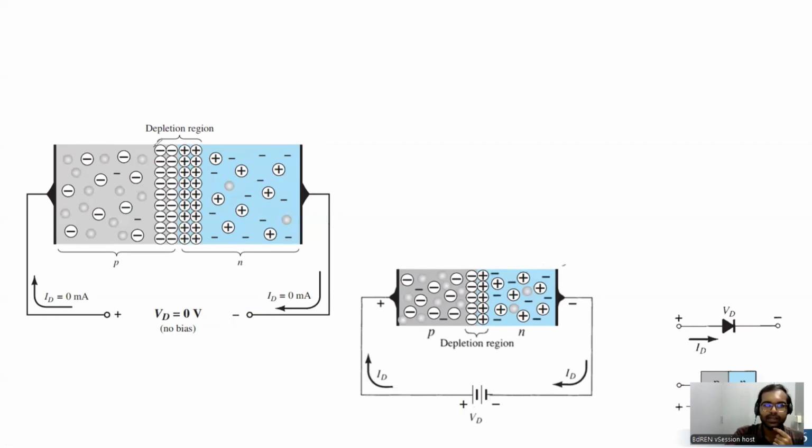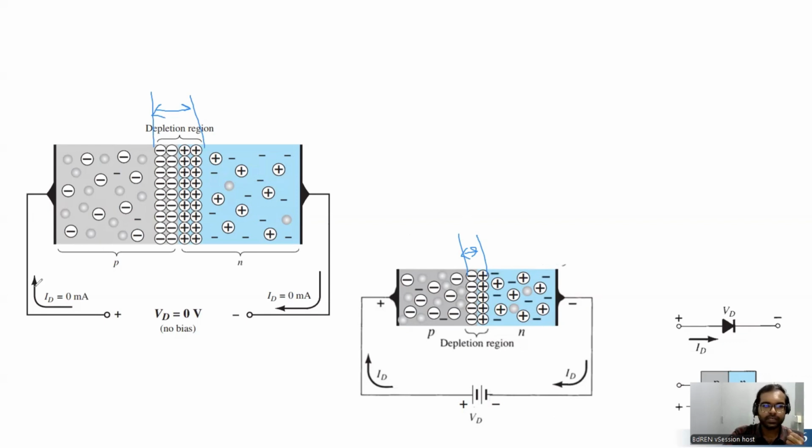You can see that the width of the depletion layer is larger than the width of the depletion layer in the second case. Why is it so? Because we have an external voltage source, or an external force applied, which matches the polarity of the p-n junction diode to the source.